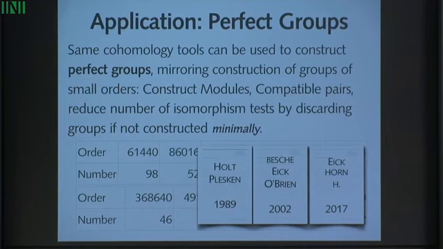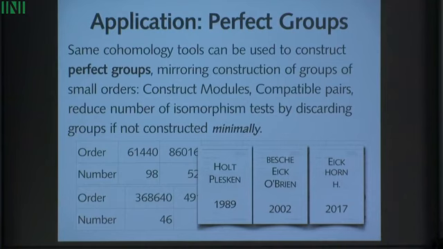To try the cohomology tools, I've used the standard construct group algorithms, which go back to Besche, Eick, O'Brien, where they used it for solvable groups, and they used PC presentations. We used that together with Max Horn and Bettina Eick a few years ago to extend the list of groups.